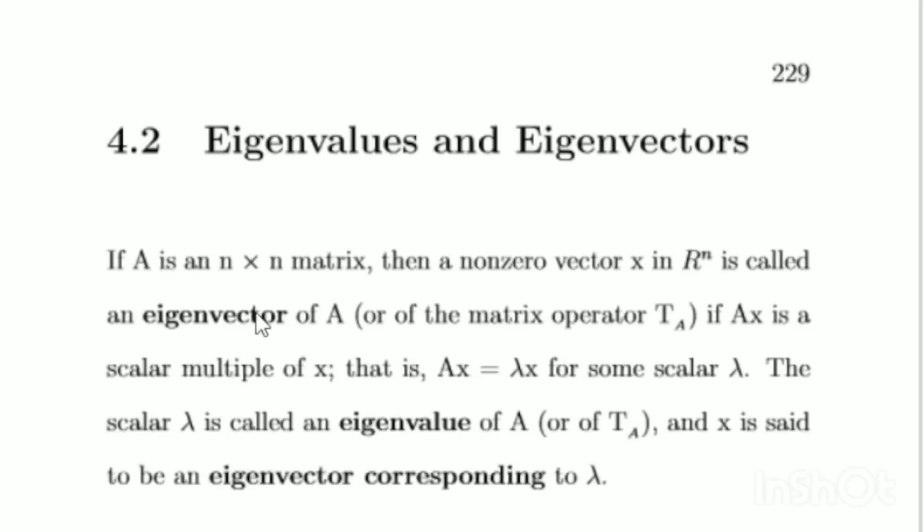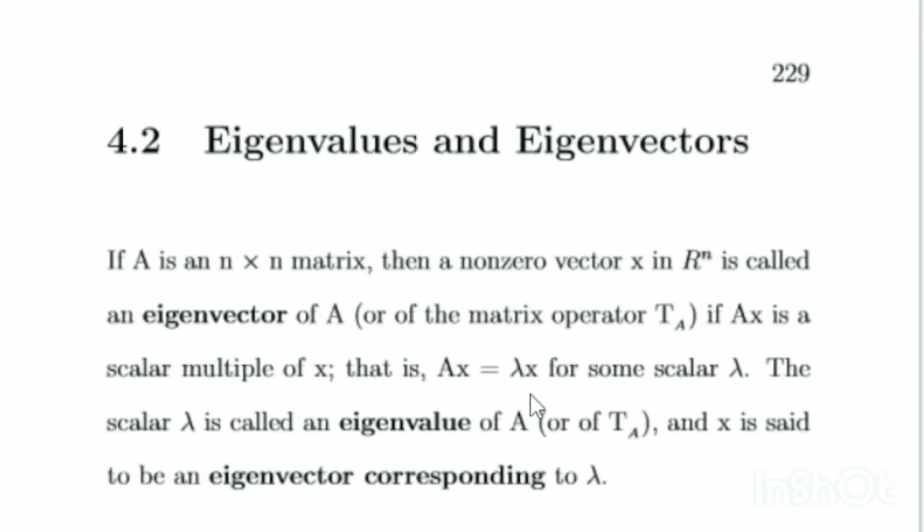So what is an eigenvector? You have a matrix. If A is an n by n matrix, then a non-zero vector x in Rn is called an eigenvector of the given matrix A if Ax is a scalar multiple of x. That is, we can write it in the form Ax equal to lambda x, where lambda is a scalar value.